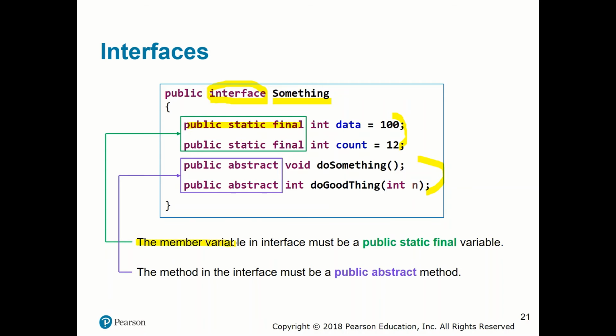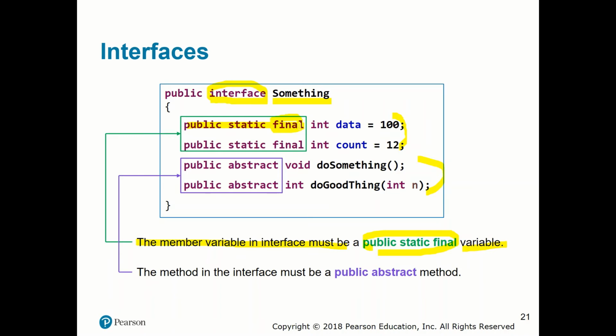So the member variables in an interface must be public static final variables. This is a constant, right? Because there is a final keyword here. So the member data in the interface are all constants.